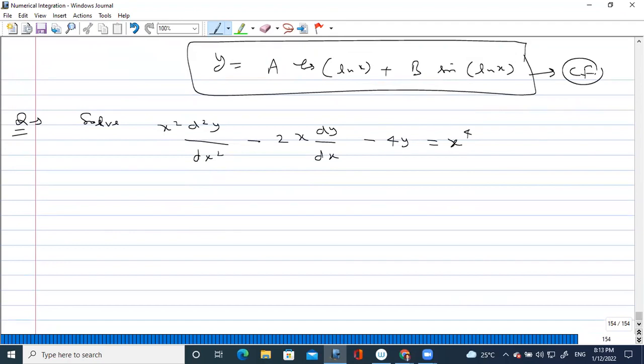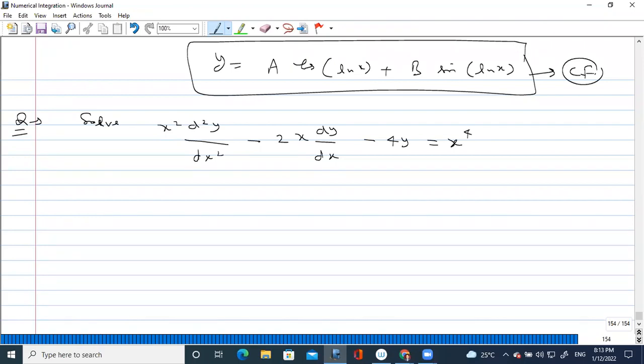Sir, only in this Cauchy-Euler we get the complementary function? Yeah, Cauchy-Euler is only for the complementary function, but for the particular integral you have to apply the same method. But here also, what happens, because we have converted x into z, you have to do that.